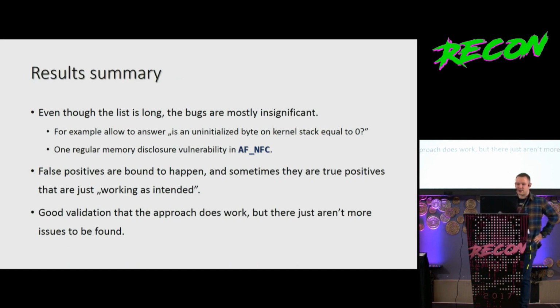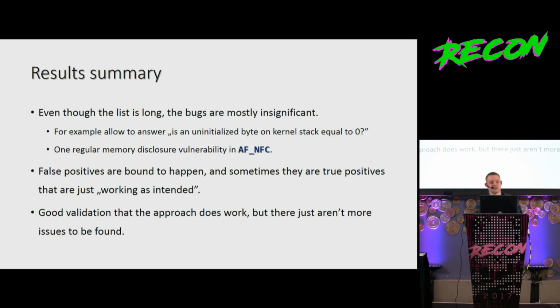So the results are pretty okay, I would say, even though most of the bugs, for example, only allow you to answer the question of whether an uninitialized byte on the kernel stack is equal to 0. So it's not that interesting from a security perspective, even though it's still a bug and it still was fixed in Linux.